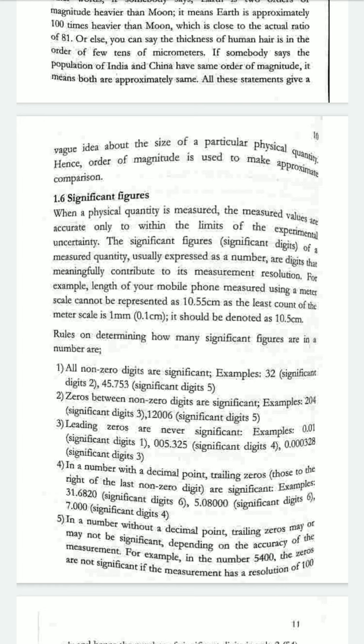Let me see the rules for determining how many significant figures there are in a number. If you have an experimentally measured quantity, like 10.55 centimeter, that means 10 centimeter 55 millimeter. So the least count there will be 1 millimeter, that is 0.1 centimeter.